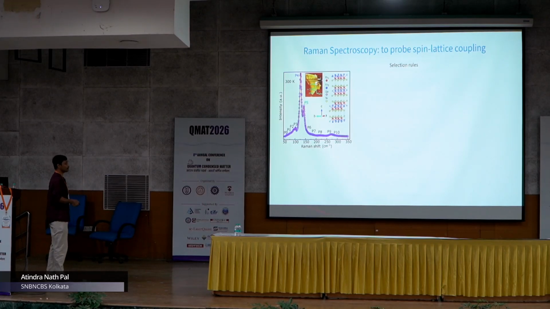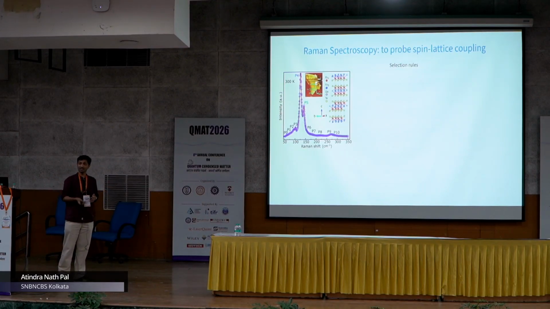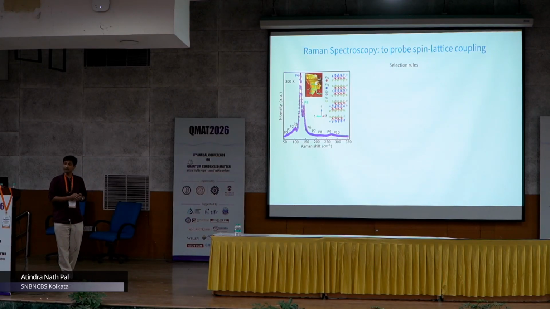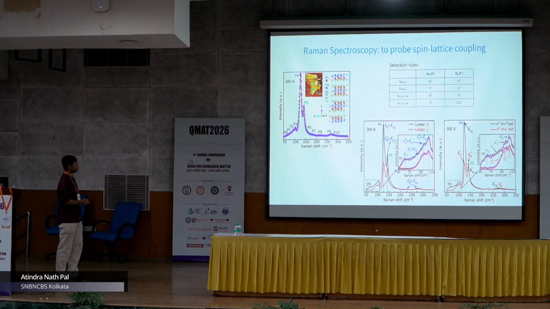I'll just explain this Raman spectroscopy data in 2 minutes. After establishing this ESR data and transport data, which match very well and dictate two different transitions, we wanted to understand whether there is a spin lattice coupling, and whether we can get any information from Raman spectroscopy. We did the Raman spectroscopy measurement and we can identify different modes. Dr. Devjani Karmarkar's group could calculate these Raman modes, and interestingly they found various kinds of mixed modes in this system.